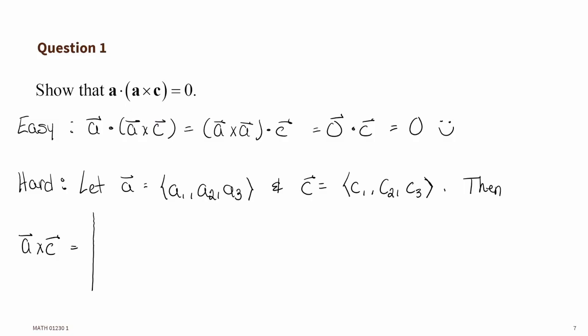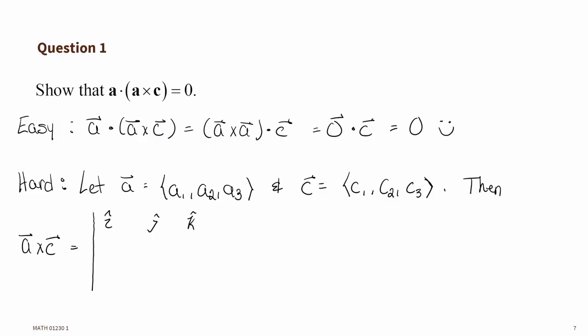So the idea is you set up a 3x3 matrix and take its determinant. So that's what the absolute value bars are going to mean. The first row of your matrix are the standard unit vectors. Second row is the components of the first vector of the cross product.